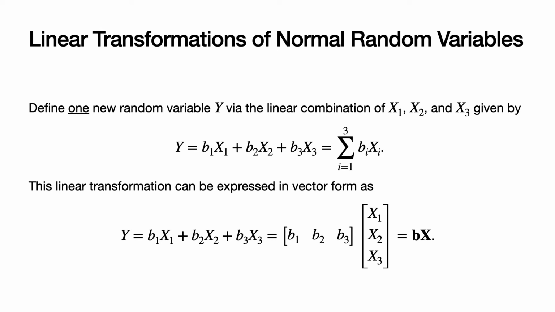So y is equal to b1 times x1 plus b2 times x2 plus b3 times x3, or more succinctly, the sum i going from 1 to 3 of b sub i times x sub i. Now this linear transformation can be expressed in vector form as the inner product of this vector that we're going to call lowercase b with the x vector, shown here.